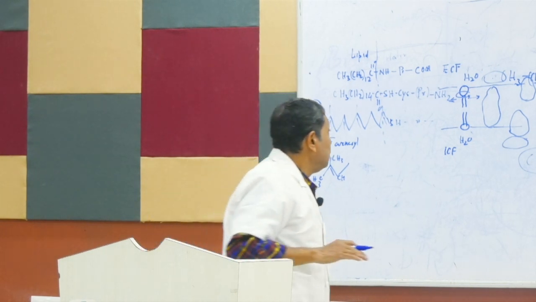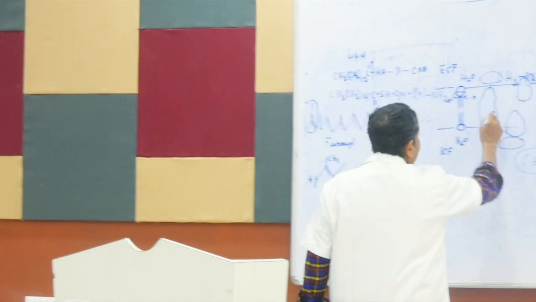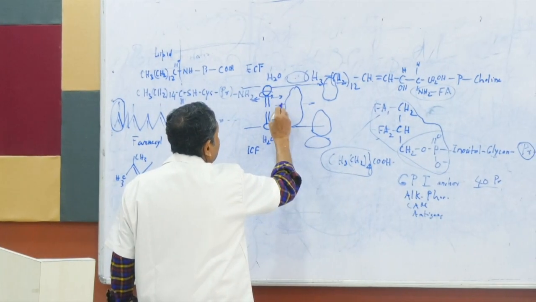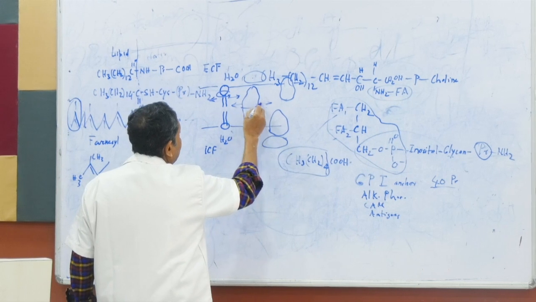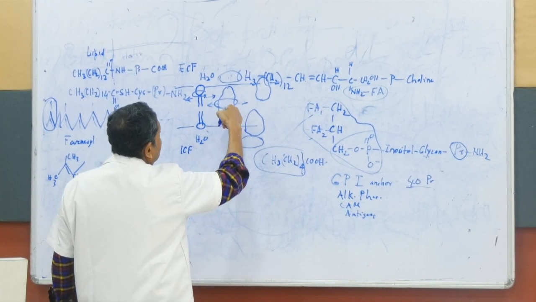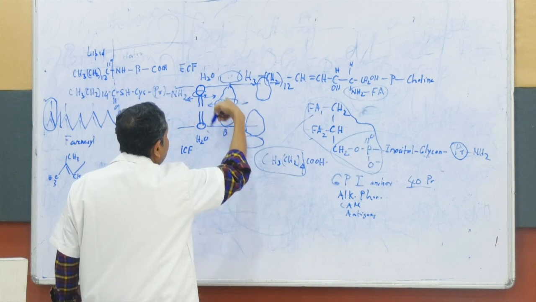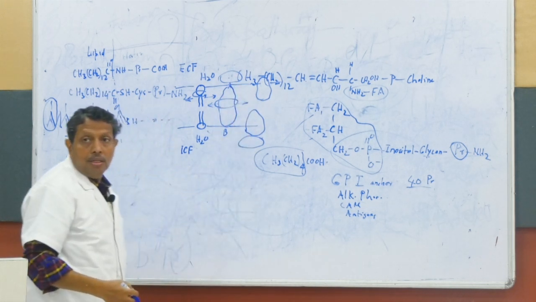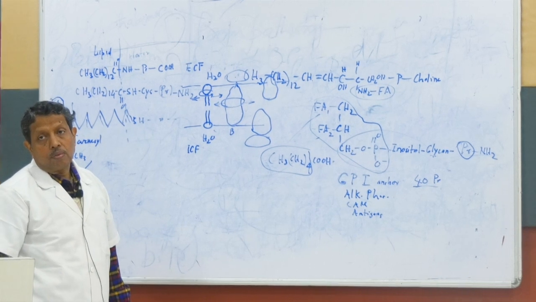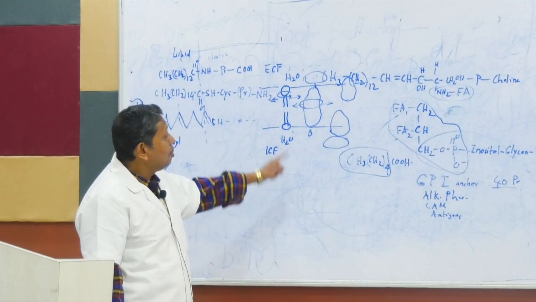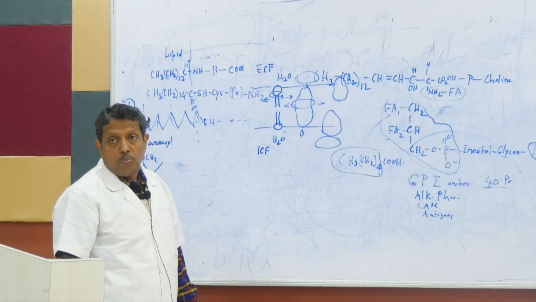These protein molecules in the cell membrane can move in this direction, they can diffuse in this direction, and they can rotate in this way. But there is a problem, the rotation in this way is difficult due to some thermodynamic problems.